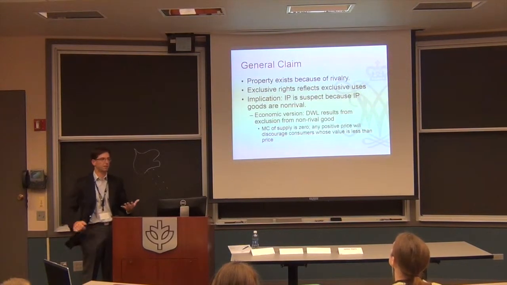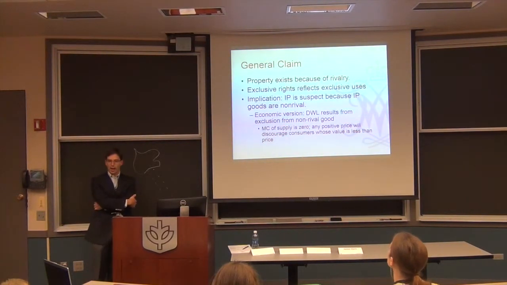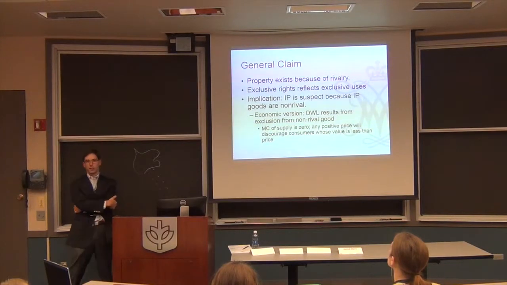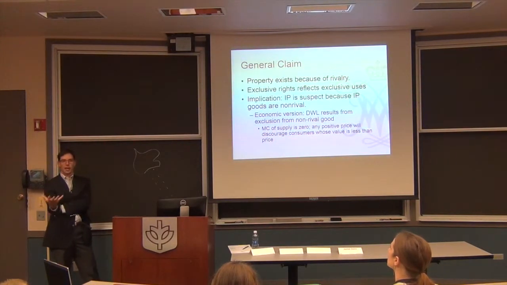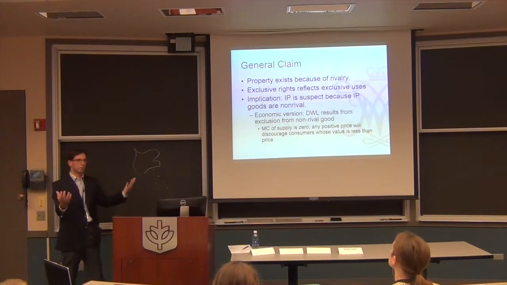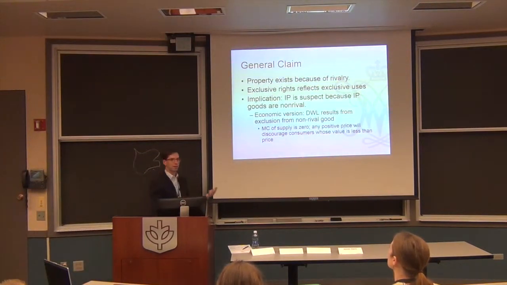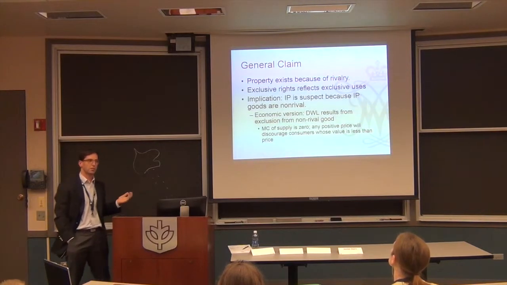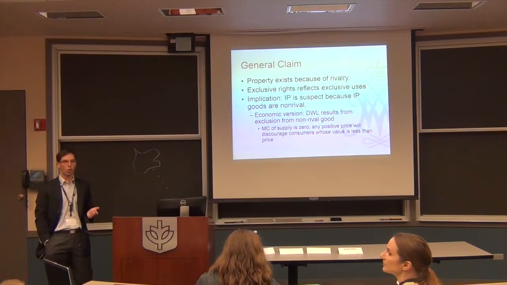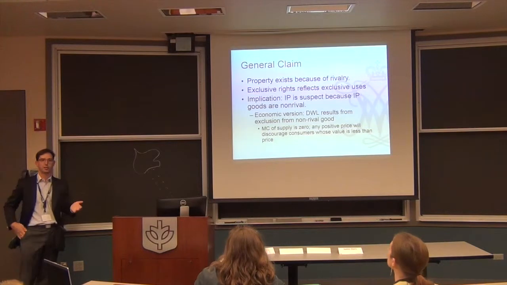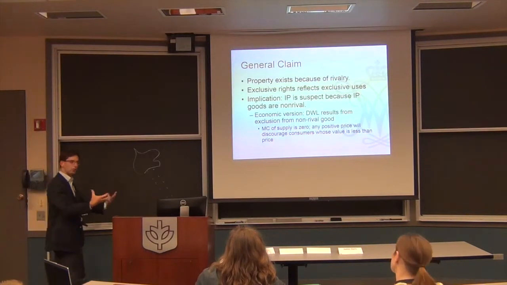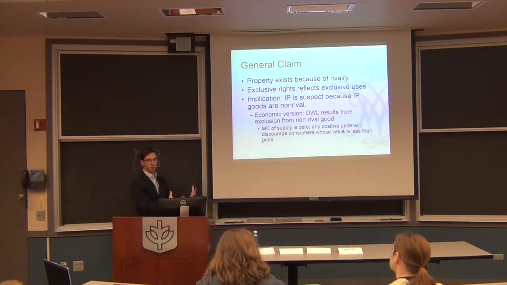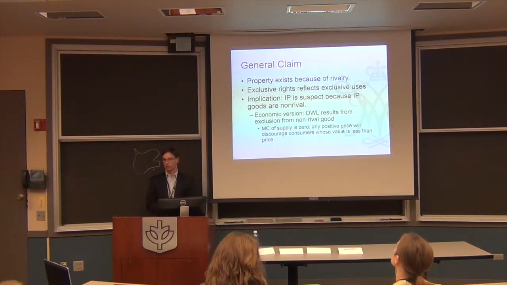They're exclusive rights, and it only makes sense to have exclusive rights for those things that have to be used exclusively. If multiple people can use the same thing without interfering with one another, it doesn't make sense to have exclusive rights that close off access. And the implication is that IP is in a suspect or defensive posture because it closes off access without the intrinsic need for it that you have with rivalrous goods.